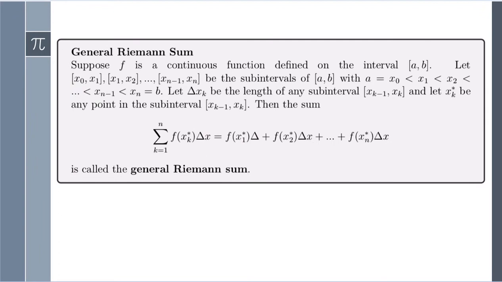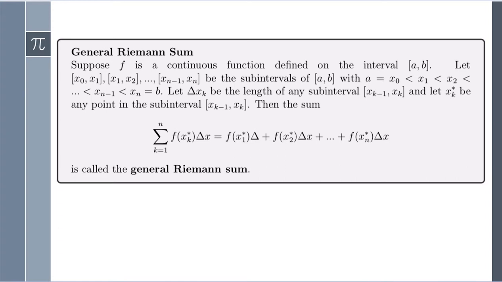So now, in past several videos, we talked about the Riemann sums: the left Riemann sum, right Riemann sum, and midpoint Riemann sum. Now we are going to talk about the general Riemann sum. Okay, so here it's the same process. We have a function f which is continuous and is defined on the closed interval [a, b], and then we divide that into n subintervals with all of those conditions.